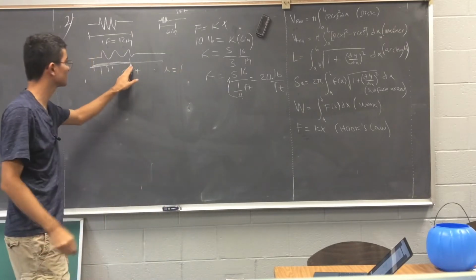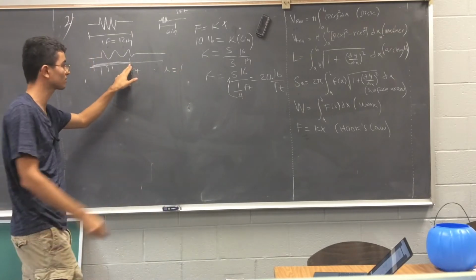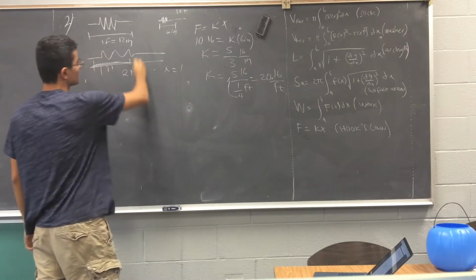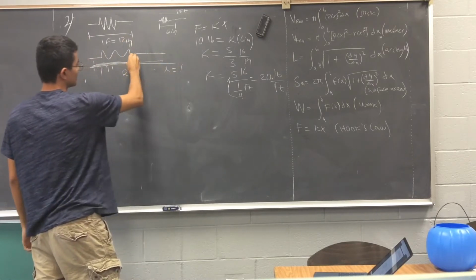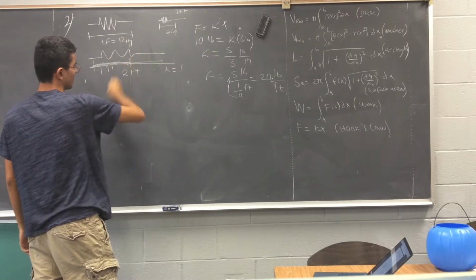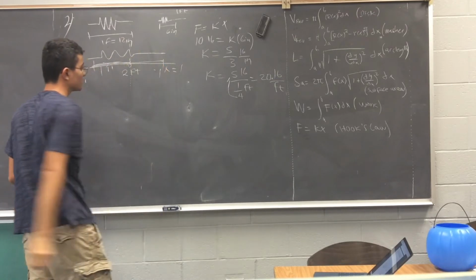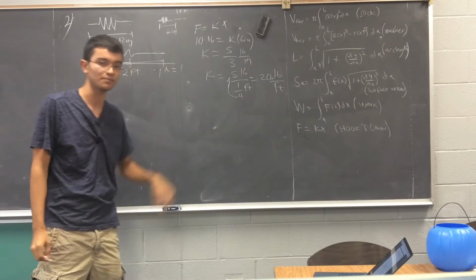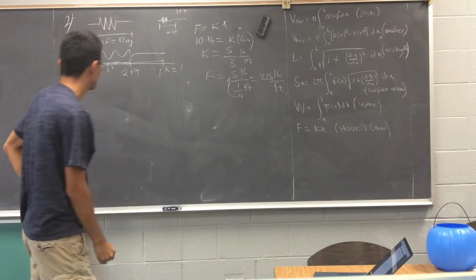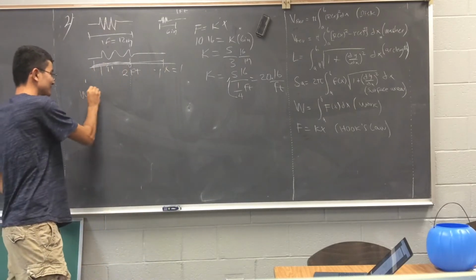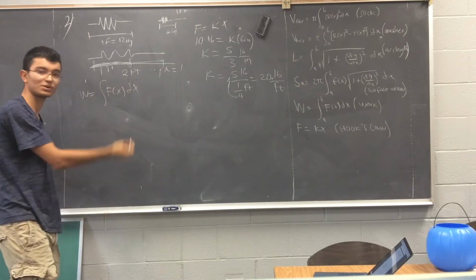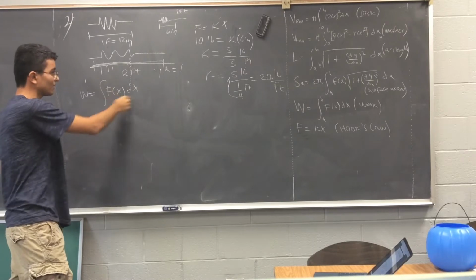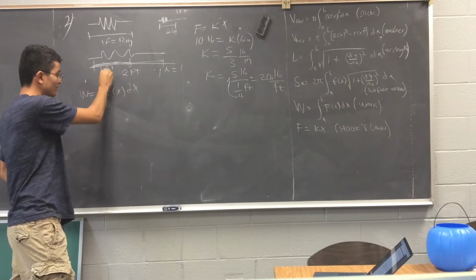So we're going to be integrating the work from here to here. Just imagine this is the coordinate system, this is the x-axis, this is y. Over here we have 0, and over here we have 1. So we're integrating from 0 to 1. Work is the integral of f of x dx from a to b, in this case 0 to 1.